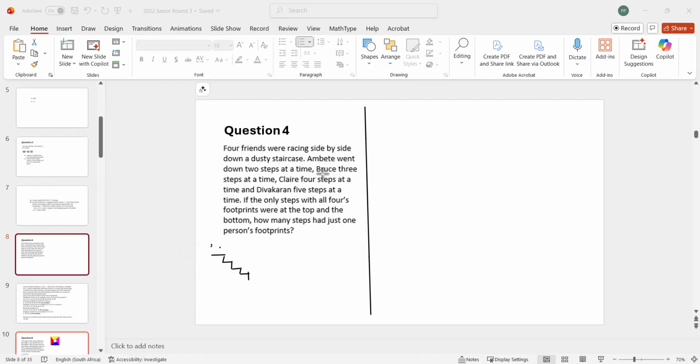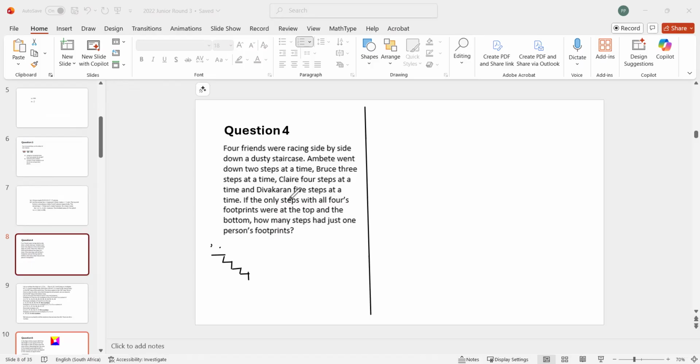Anyway, you've got the four people, these are all friends. Amit, he went down 2 steps at a time. Bruce, 3 steps. Claire, 4 steps. Divakaran, 5 steps at a time.